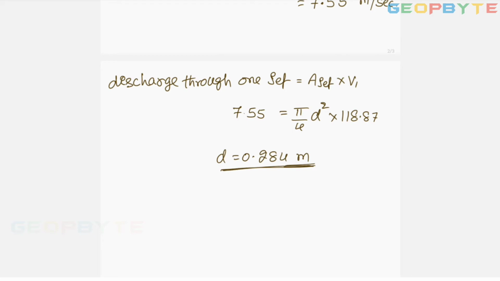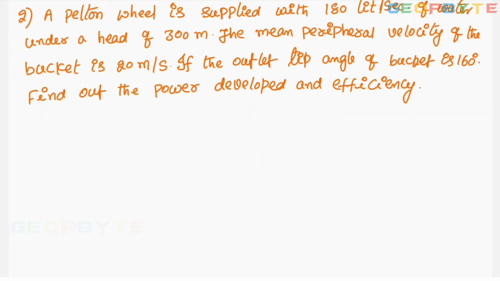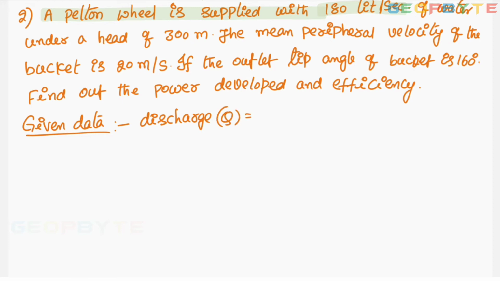Let us take another problem. Look at the next problem. A Pelton wheel is supplied with 180 liters of water per second. It means the discharge Q equal to 180 liters per second.